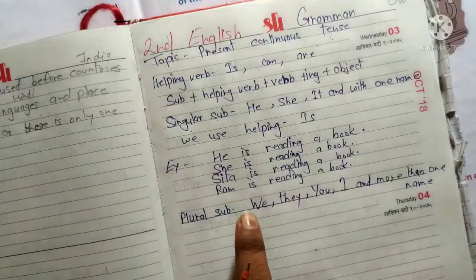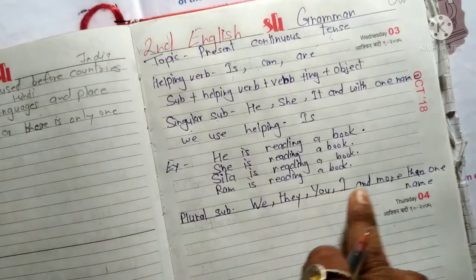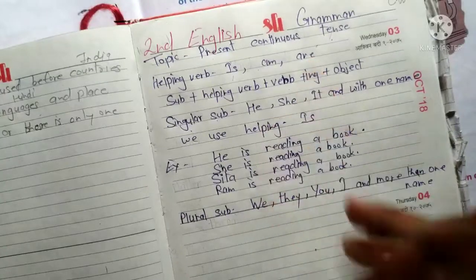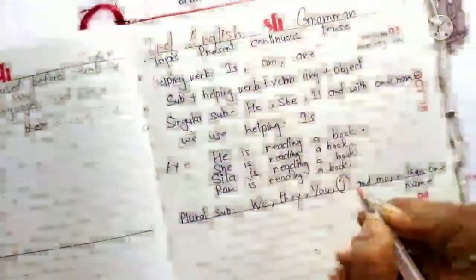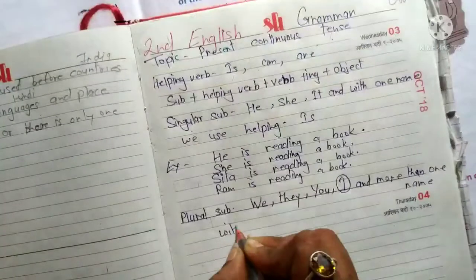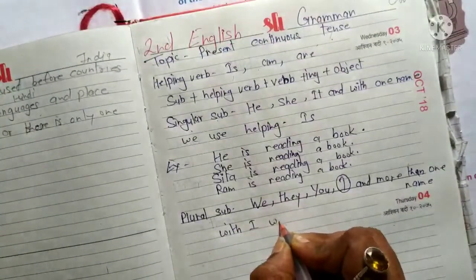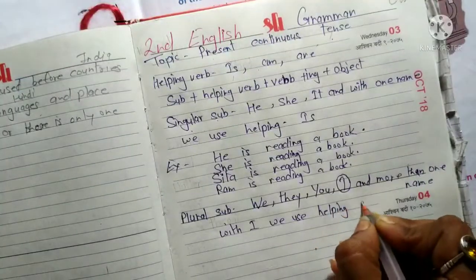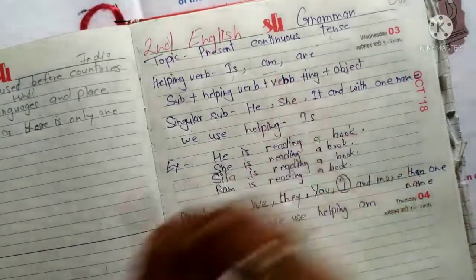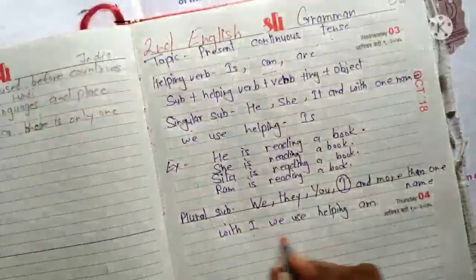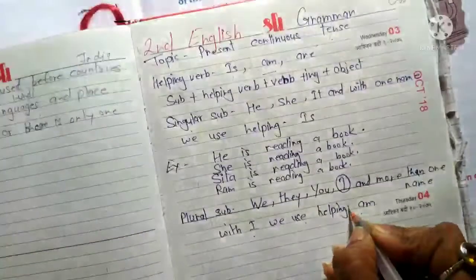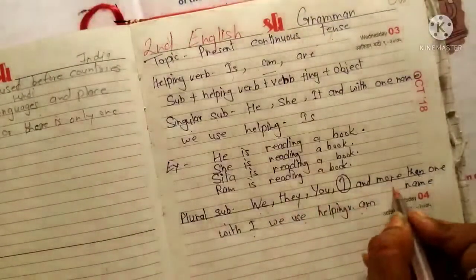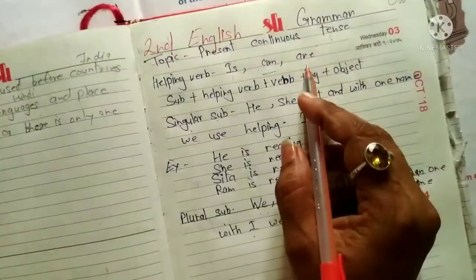Means with we, they, you and more than one name, we use helping verb are, except I. With I, we use helping verb am. With I, we use helping verb am, and with we, they, you, and more than one name, we use helping verb are.